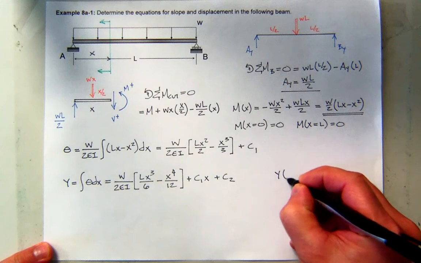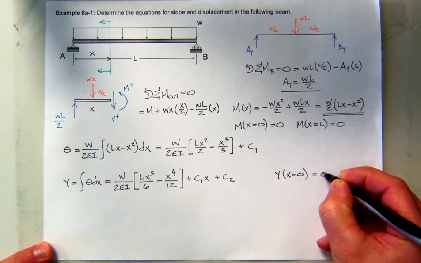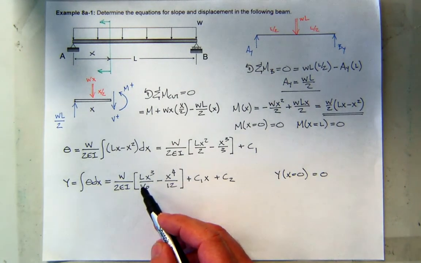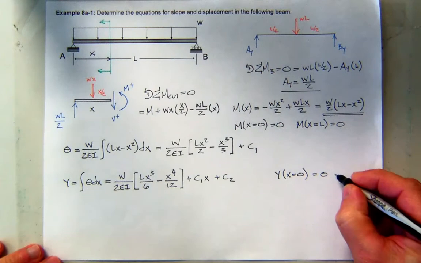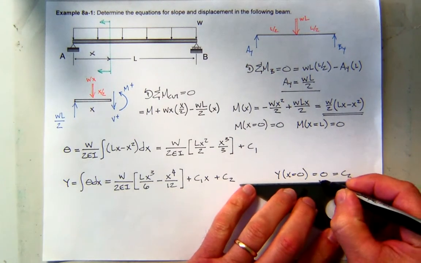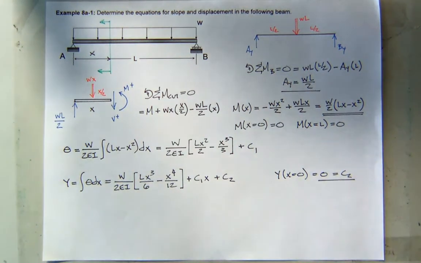I know that y at x equals 0 is equal to 0. So you put in x equals 0 here, 0, 0, 0. What are you left with? C2. So to make it fit, C2 has to be 0. Is C2 always 0? No, just on this particular problem, it is.